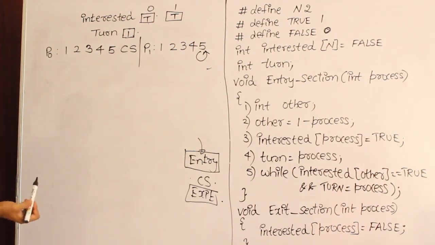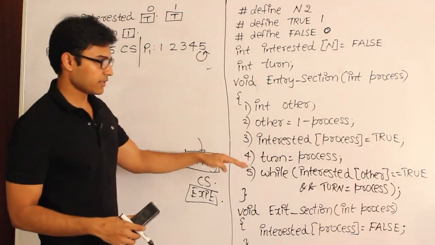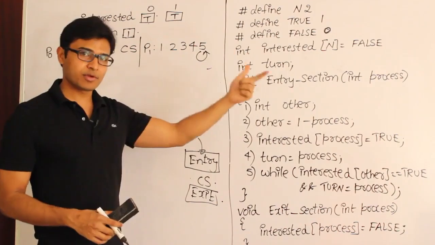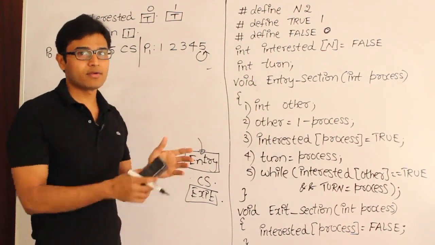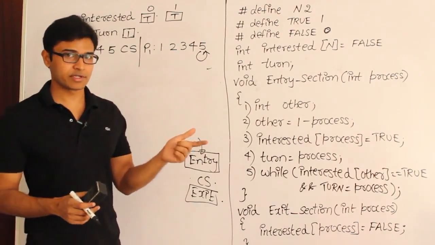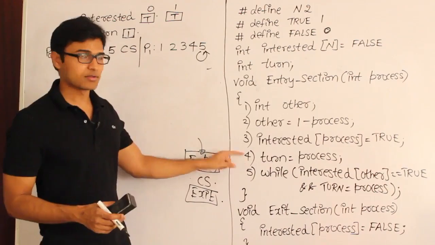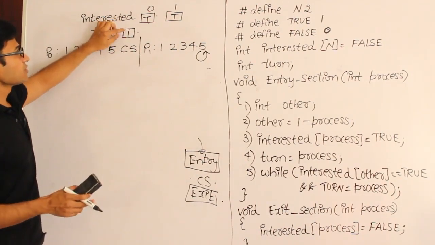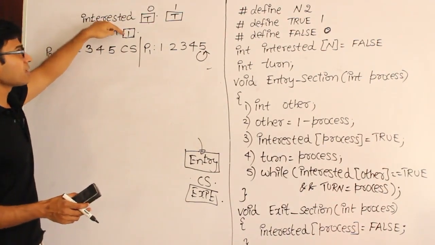Understood this? What has really happened? So here it works this way. Any process that is interested in entering the critical section should check if the other process is also interested. In case the other process is also interested, then there is a chance that the other process might have proceeded further. How can you check whether the other process has proceeded further? In case you are the last one to update the turn, which means if you watch it, process number 0 has already updated the turn to be 0, and then process number 1 updated it last.